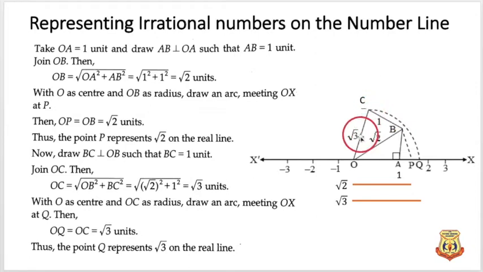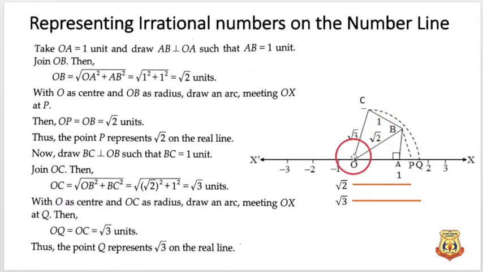Now again you will join C and O, and you will get another right angle triangle, where B is the right angle. So our hypotenuse is CO. Now I will use Pythagoras theorem again, and you will get that the OC value is nothing but root 3 units.